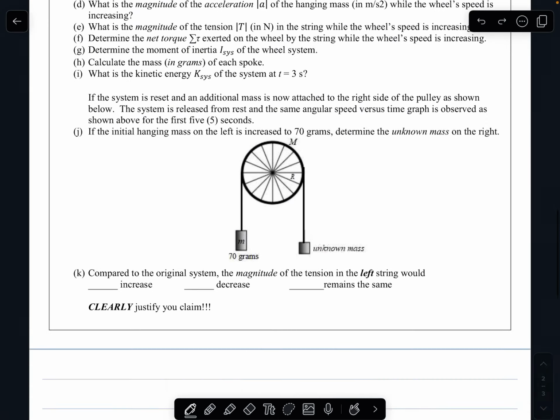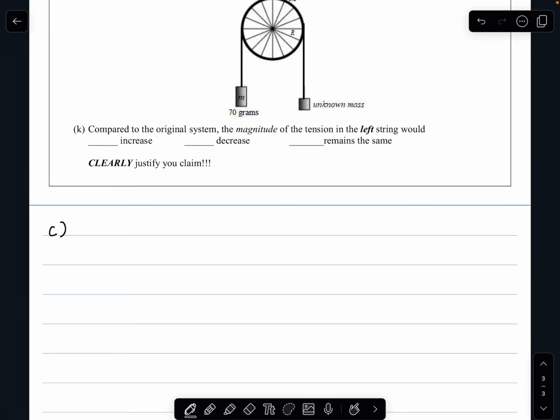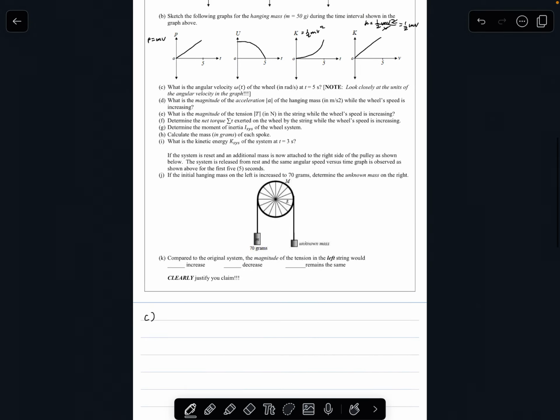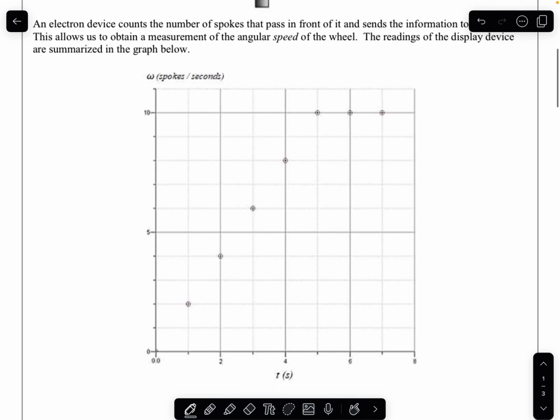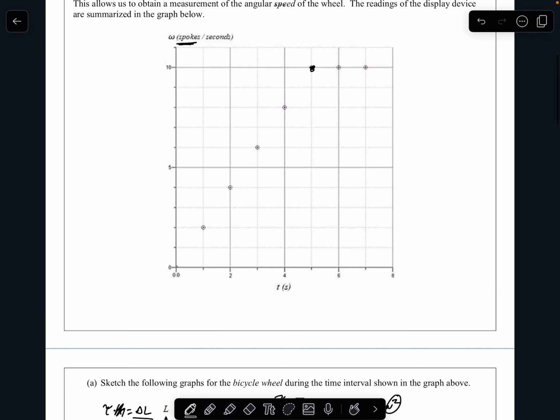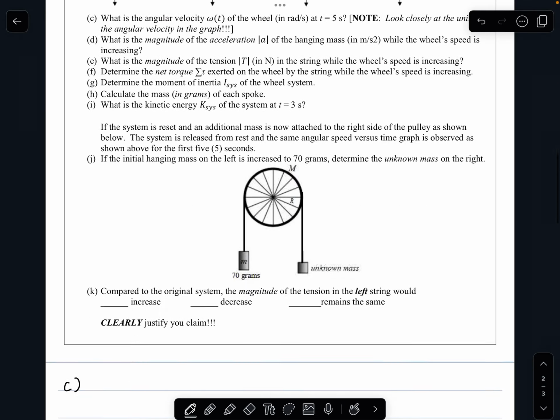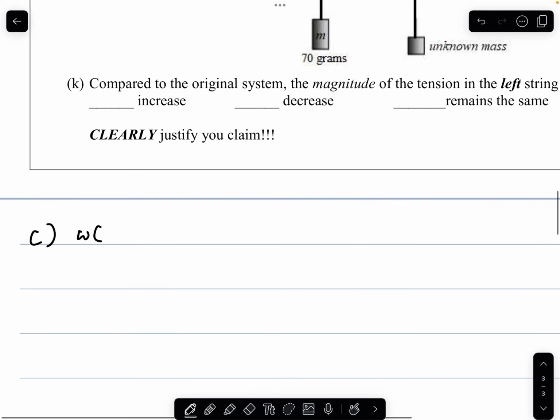For part C, I know the angular velocity at 5 seconds, so I need to find that. Angular velocity at 5 seconds is 10 spokes per second. Since it's spokes, I need to convert it to radians per second.